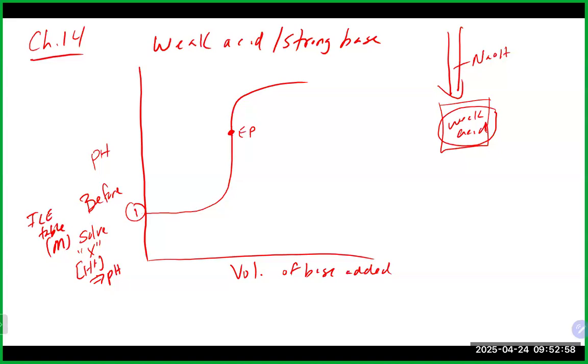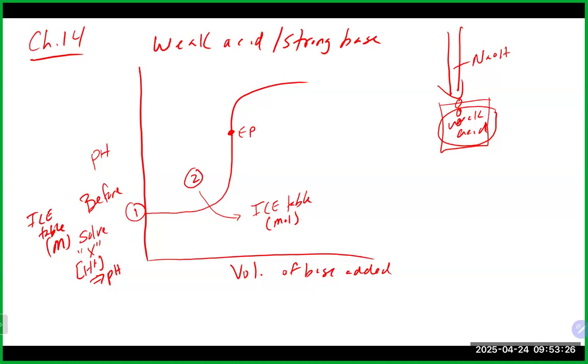The second part of the titration that we're usually interested in is before the equivalence point. Obviously, before the equivalence point, you are adding base in this particular case. So this requires one ICE table at least, because we are adding volume. We do need to do this in moles at this point.